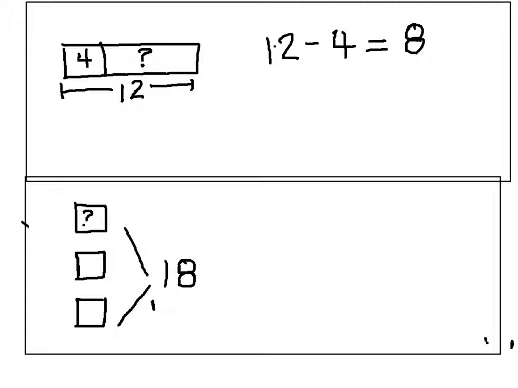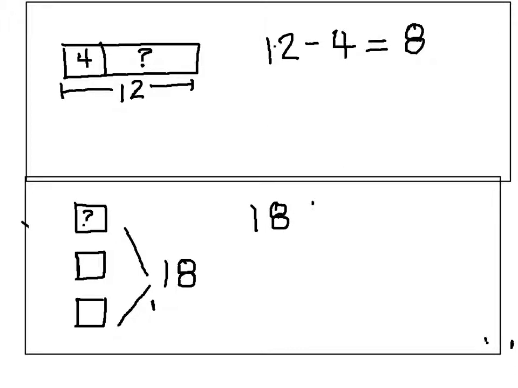Well, if we have 18 in all, then we want to split 18 into 3 equal parts and find out what is in each part. So, of course, that operation is division.